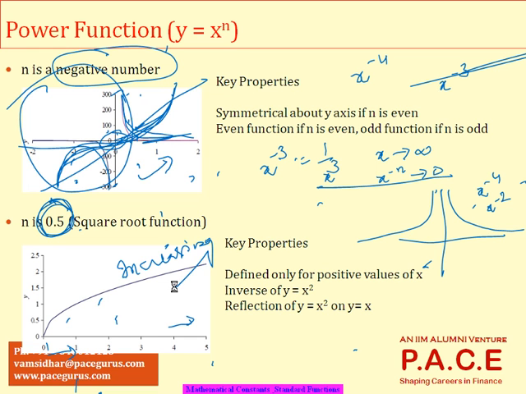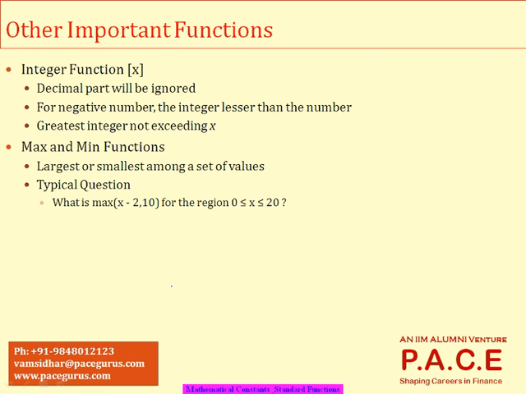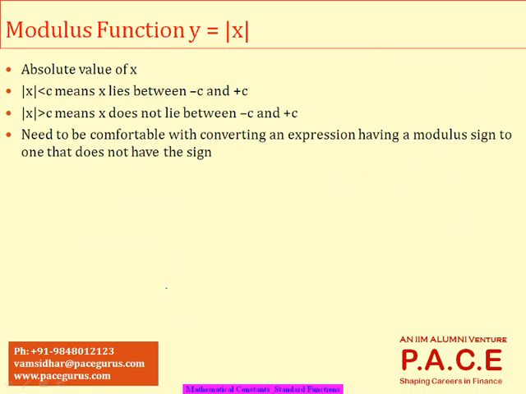Then the next function which we all need to be comfortable with is the modulus function, which is denoted by mod x. Mod x is whatever the x is inside, the output will always be a positive value, which means mod minus 3 is also equal to 3 and mod 3 is also equal to 3.